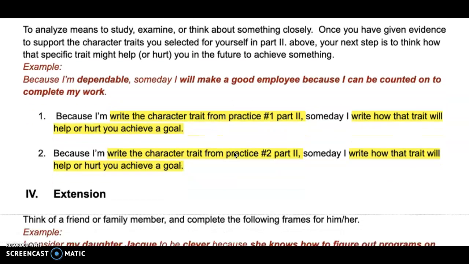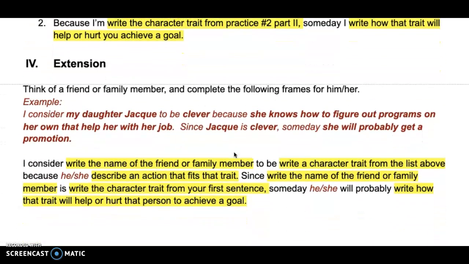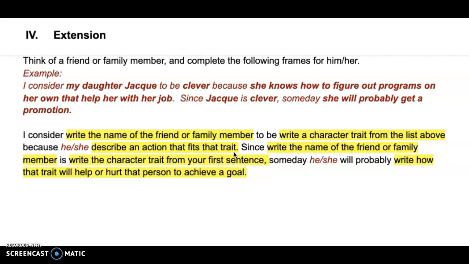All right, now we're on our last part, which is called an extension, because you're going to take what you learned and you're going to demonstrate that you understand using a different example. Think of a friend or family member and complete the following frames for him or her.